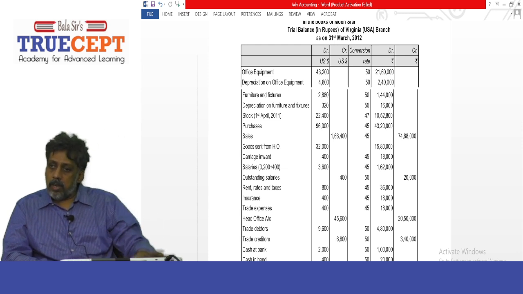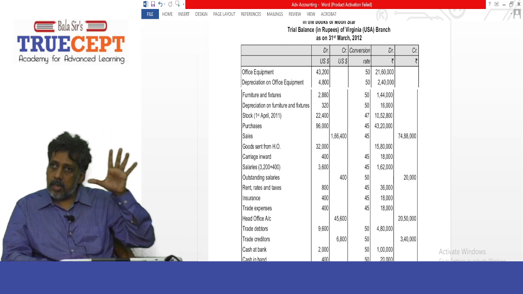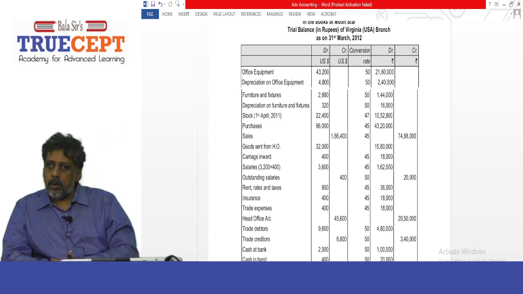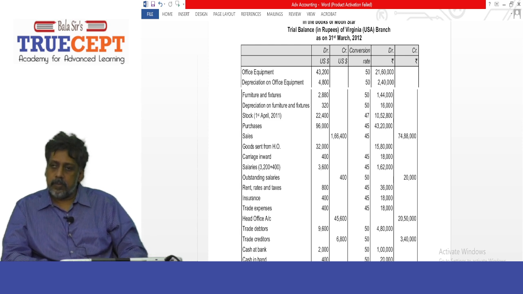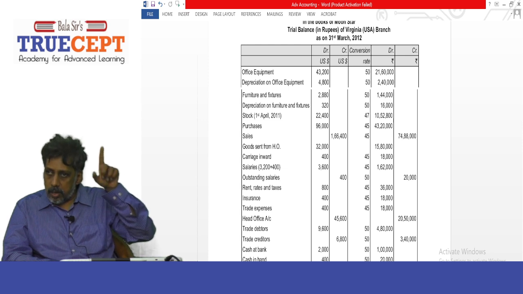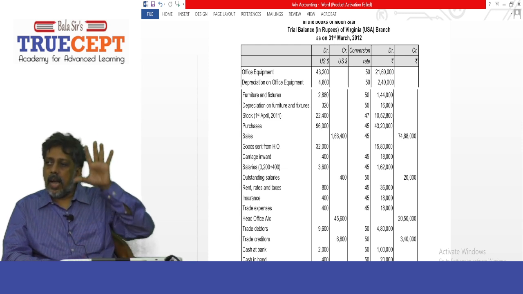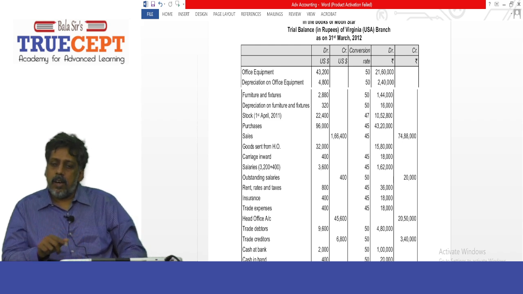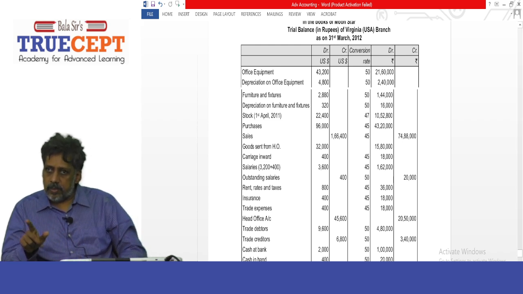The rupee value is given in the question. Write under conversion basis what actuals. If you want, you can write. Next. Then carriage inward 400, 45 rupees, 18,000, being an expense at 45 rupees a dollar. Next. Salary 3,200 plus outstanding 400, in all 3,600. That into rupees at 45 average rate, expense, 1,62,000.